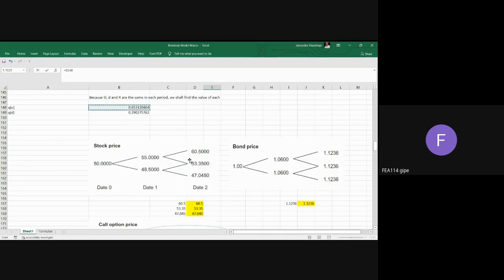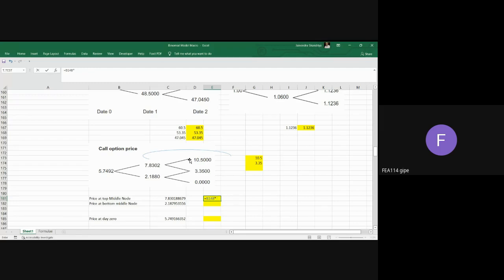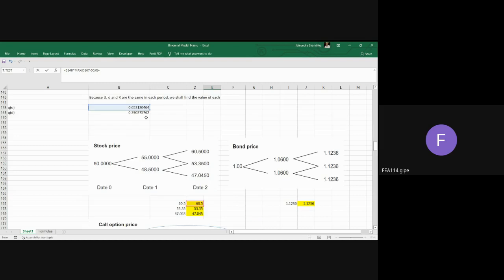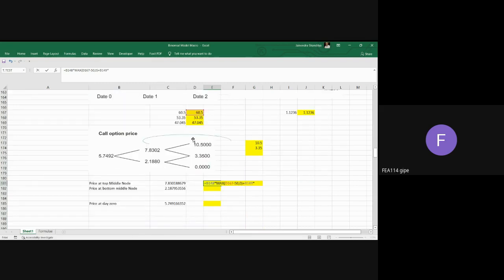QU is this, into the maximum of 60.5, which is what it is here, minus the exercise price of 50, or 0, plus QD into the maximum of the stock price in this state, which is 53.35 minus 50, or 0, and then we get 7.8001.